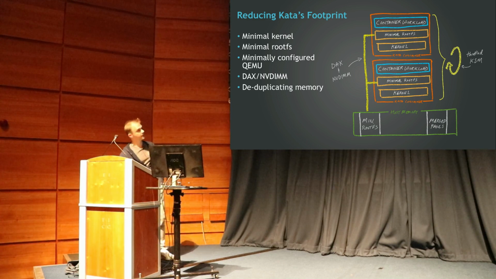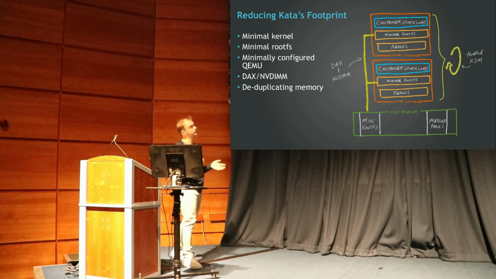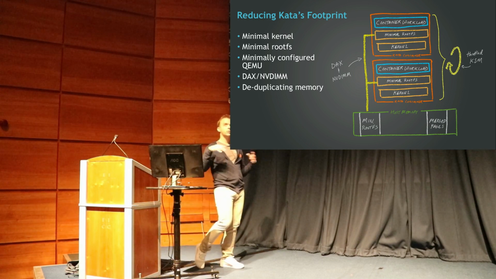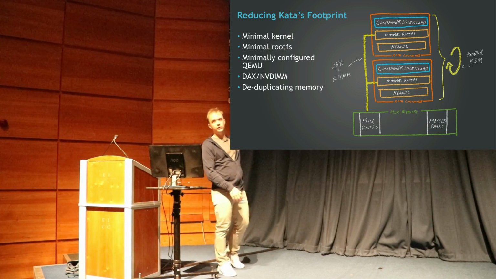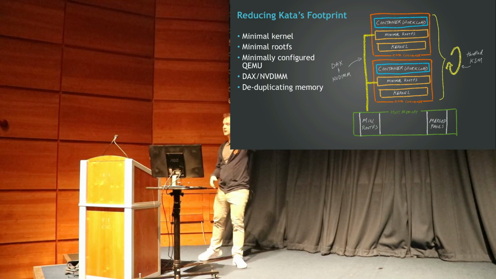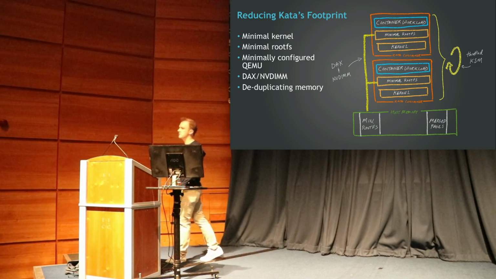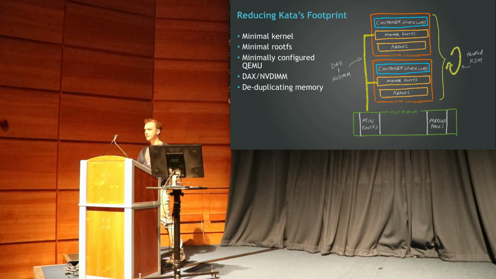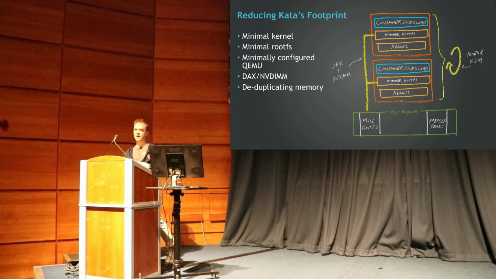So looking at it in a picture, essentially we use DAX, direct execution in place, and we use that for the rootfs. So the rootfs we put into each virtual machine. If you have 5 containers, they're going to share the same minimal rootfs. It doesn't really make sense that you have 5 times the rootfs size.